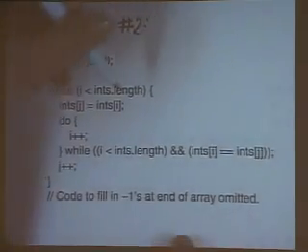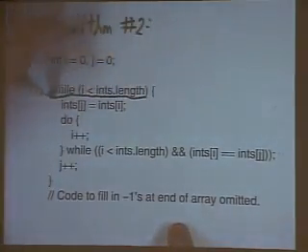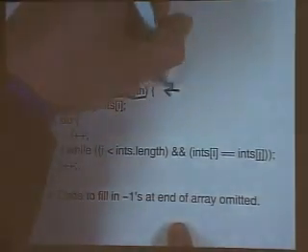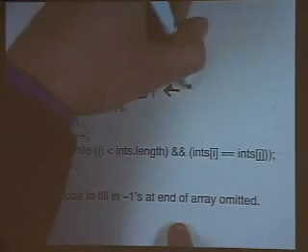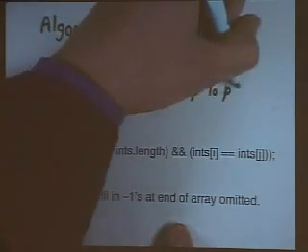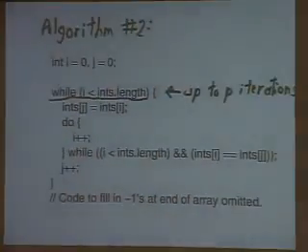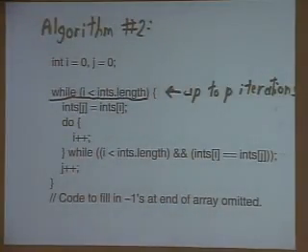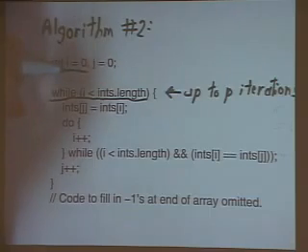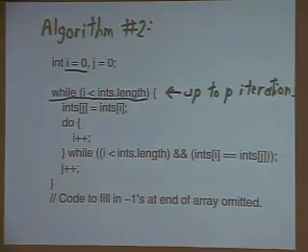And the point is, once again, we have an outer loop that looks like it iterates up to p times. Well, if you just look at it really fast, you might think, well, we set it to 0, and then we keep iterating until I reaches the length of the array.